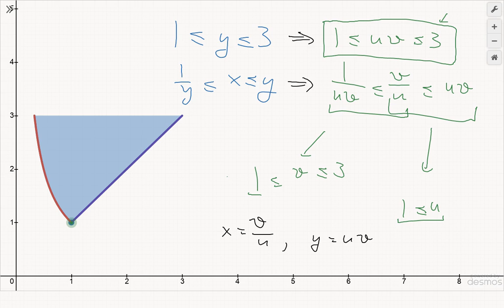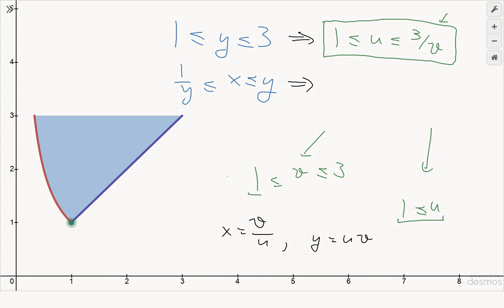So then if we fix v, the first inequality we can rewrite as 1 less than or equal to u less than or equal to 3 over v. So to summarize our bounds for uv, 1 less than or equal to v less than or equal to 3, and then 1 less than or equal to u less than or equal to 3 over v.